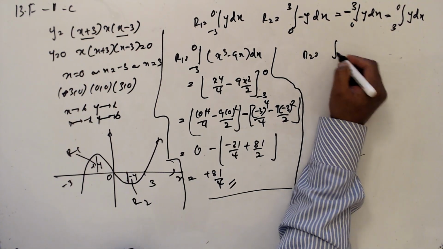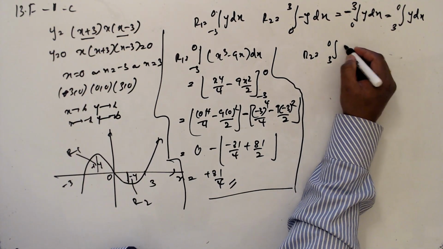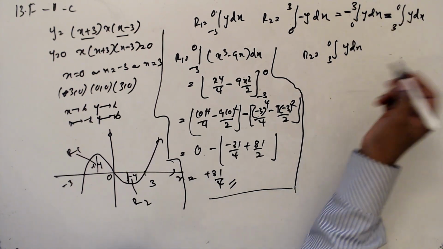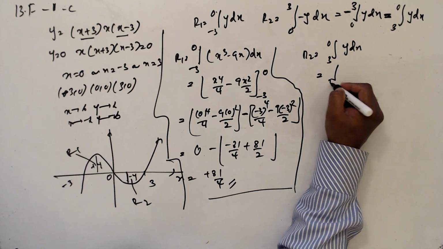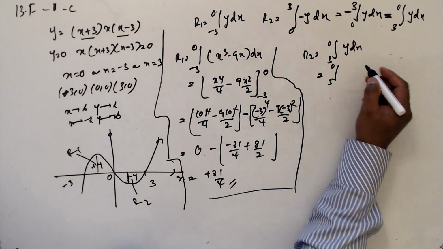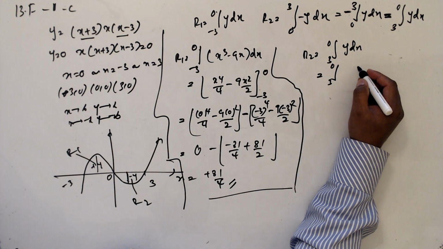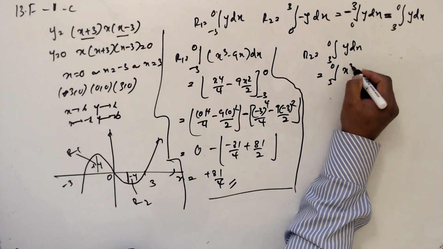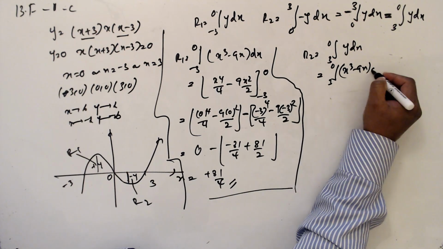R2 equals 3 to 0 y dx. I get rid of the minus value. Now this is 3 to 0. Again, what is this one? x cubed minus 9x dx.